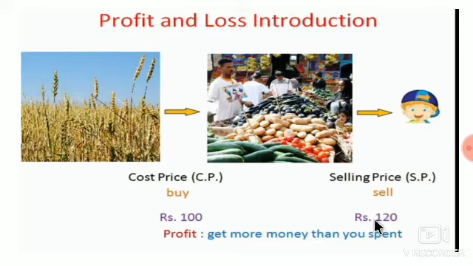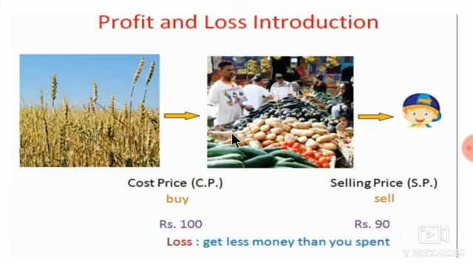So he gets some more money than he spent. In that case he incurred a profit. How much profit will he get here? 20 rupees, because he spent 100 rupees and he got 20 rupees extra.